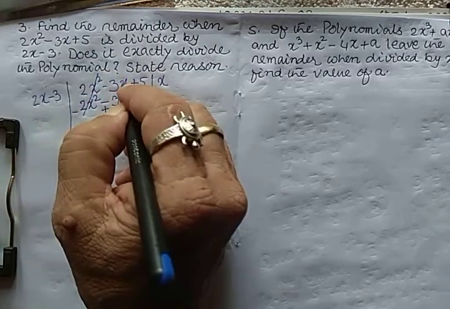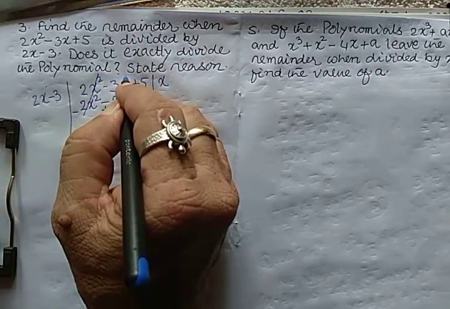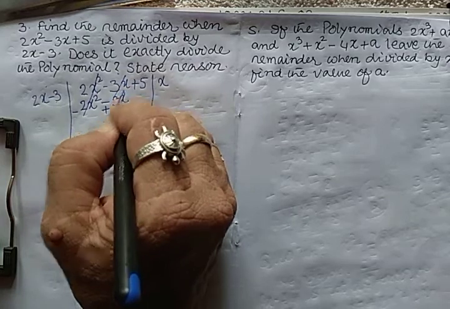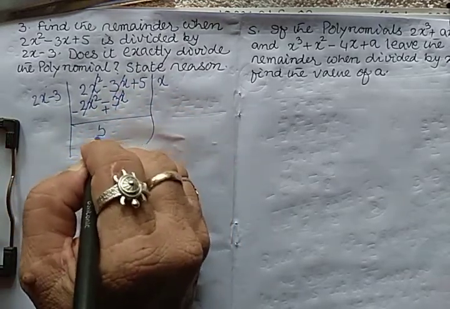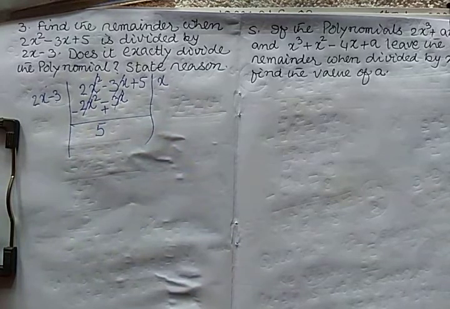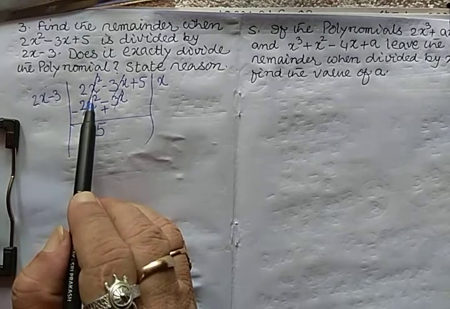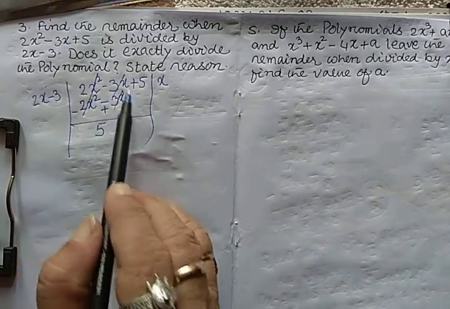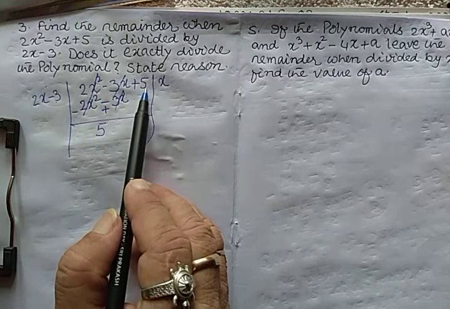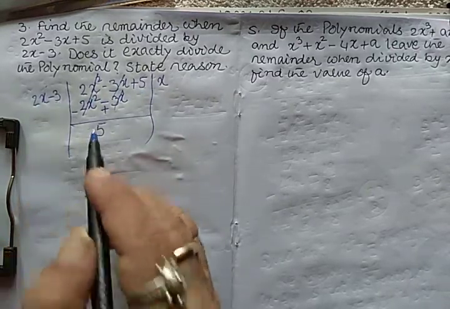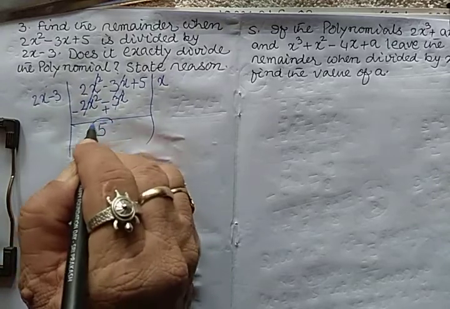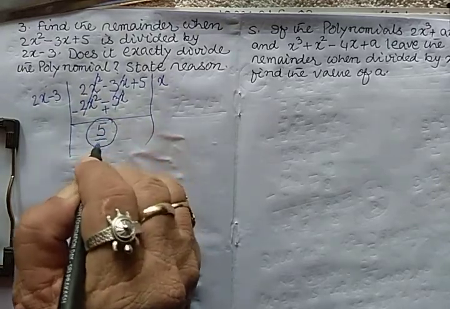2x square cancels, and minus 3x and plus 3x also cancel. What you get? You get 5. So when you divide 2x square minus 3x plus 5 by 2x minus 3, you get 5 as a remainder.